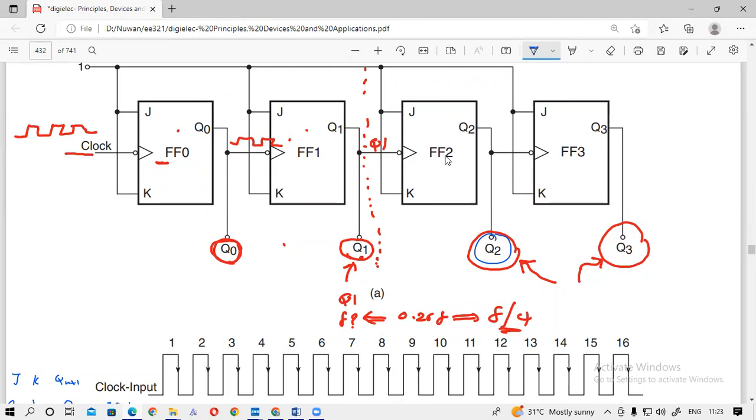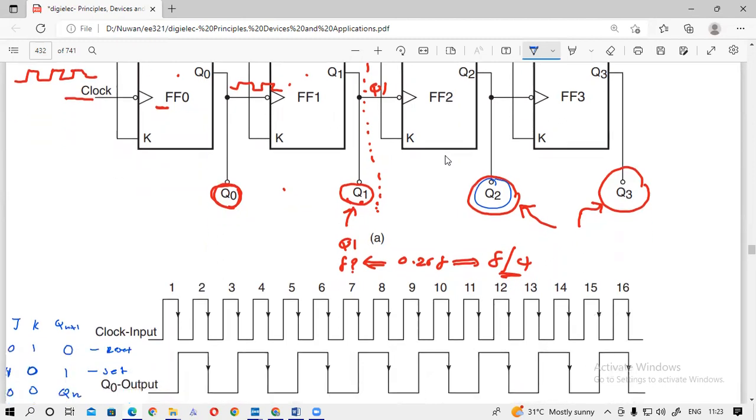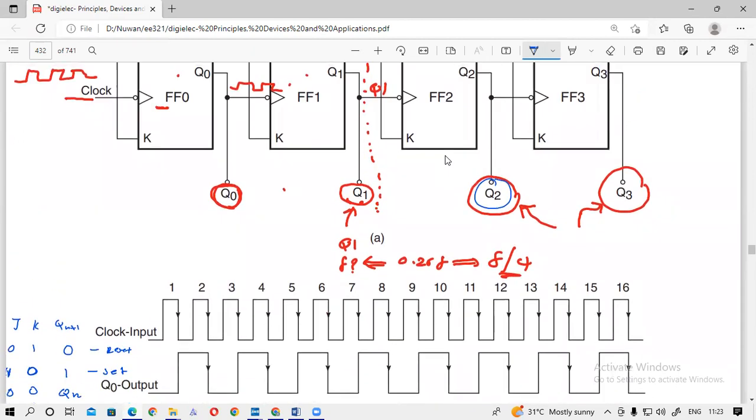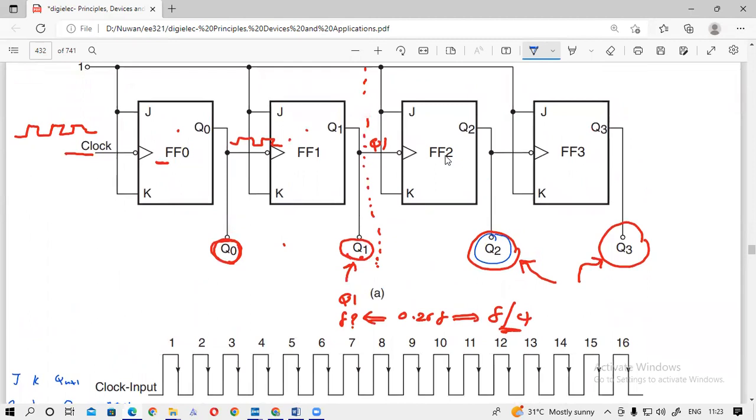The flip-flops shift to active mode at the negative edge of the clock signal, that is, when the falling edge is there at the clock signal.